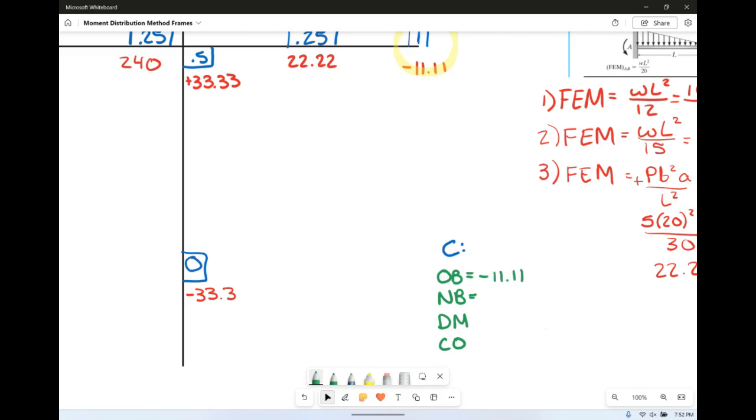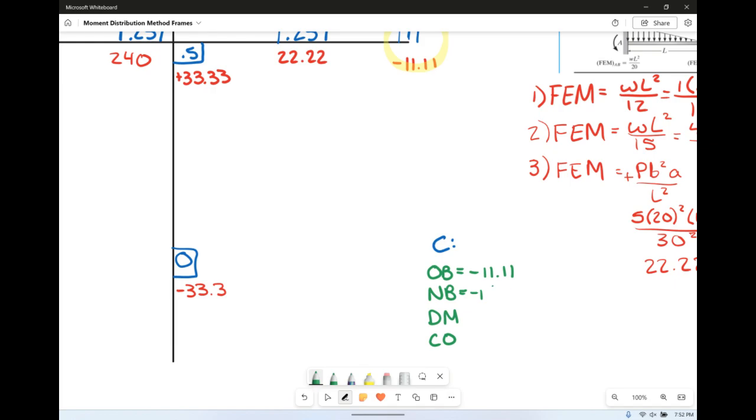The new balance is negative 1 times the out of balance, so that will be positive 11.11. Our distributed moment is our new balance of 11.11 times that distribution factor, which is 1. So that's 11.11. So we come over here and we put 11.11 in that column.